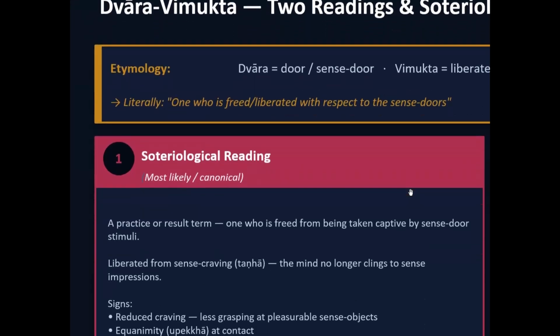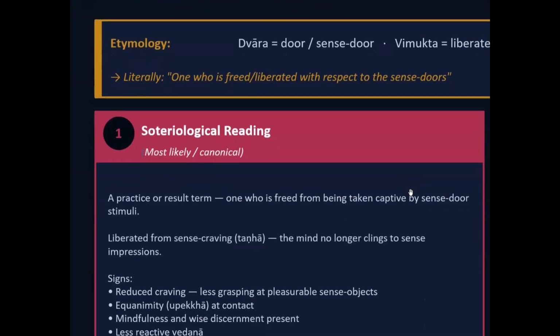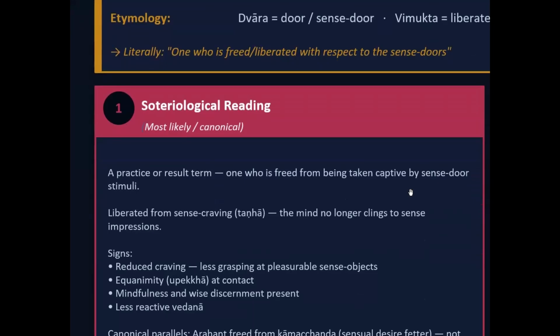So what is the canonical reading? It means most likely the practice or result: one who is free from being taken captive by sense door stimuli. So that means you don't be a slave to the sense door. You don't get stuck by the door.